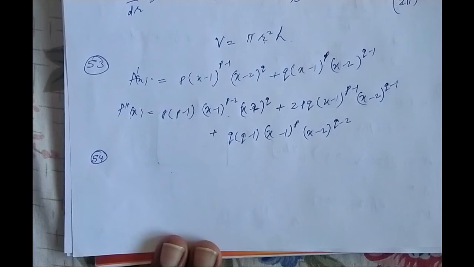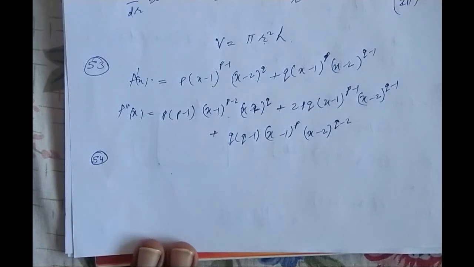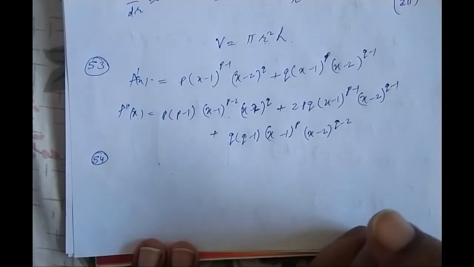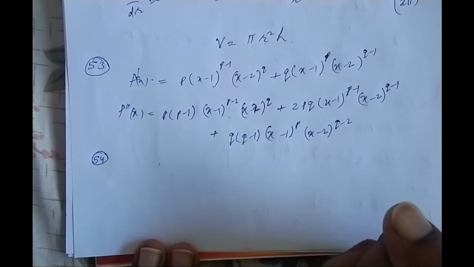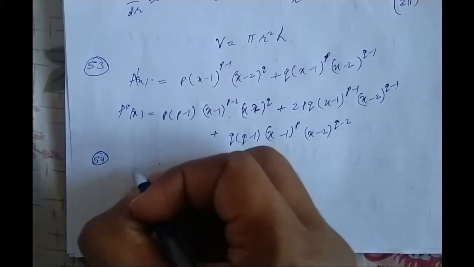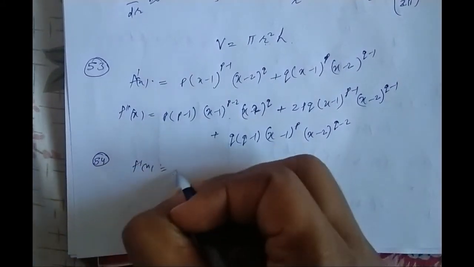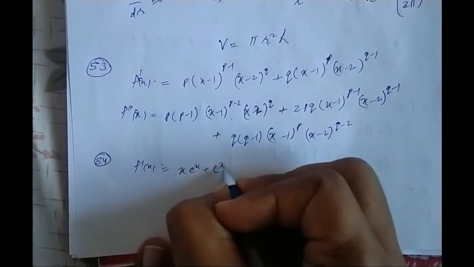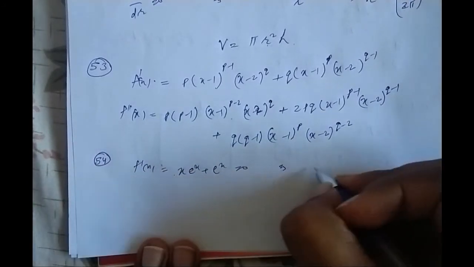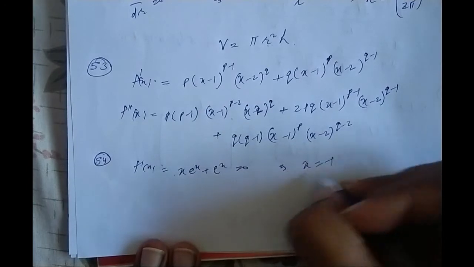So question number 54 says the function f(x) is equal to x e power x, the points x is equal to -1 and 0. We need to check for minimum and maximum. So f dash x is equal to x e power x plus e power x is equal to 0. This implies x is equal to -1.